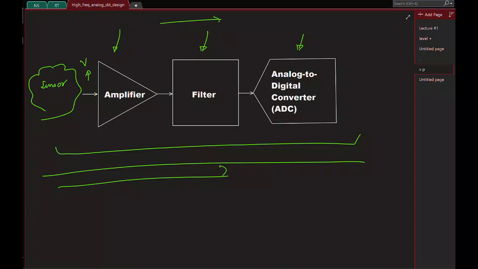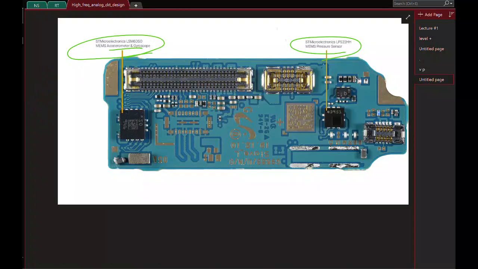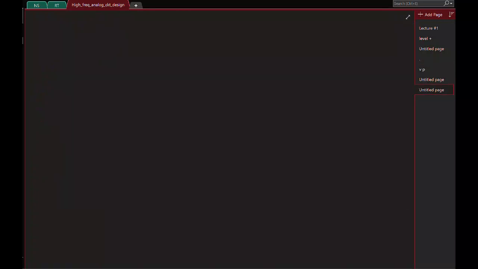But if it's unstable, it's literally not usable, right? So we'll learn to design op-amps, learn about stability, and learn a lot about their non-idealities, like how noise is generated or how to analyze noise in analog circuits, mismatches, offset, and so on.